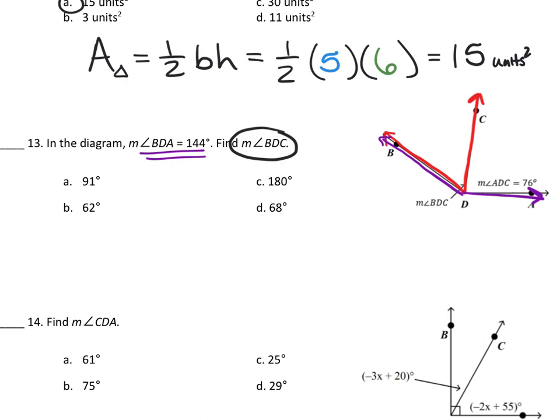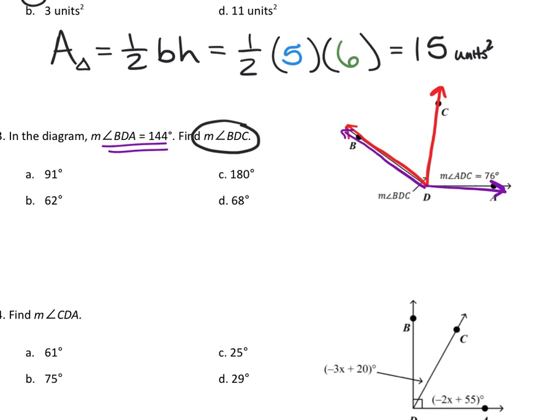Here's what my brain did. My brain says, oh, look, that red angle, which is what I want to answer, is kind of like part of the purple angle. And if I add another angle here, this green one, doesn't that make up the whole purple one? So we have something called the angle addition postulate, which is just like segment addition. If there's 2 small angles that make a big one, they have to add up to the big angle. So if this green angle is 76, if the big angle is 144 degrees, what do I do to figure out the red angle?